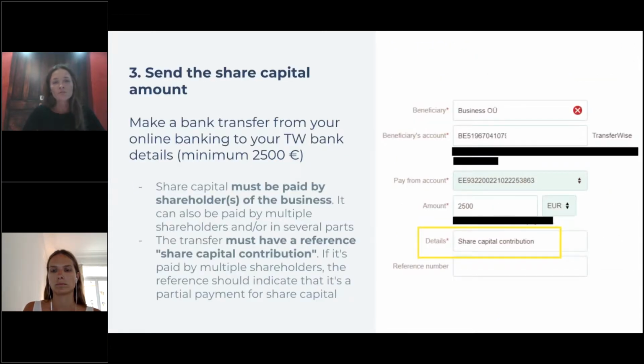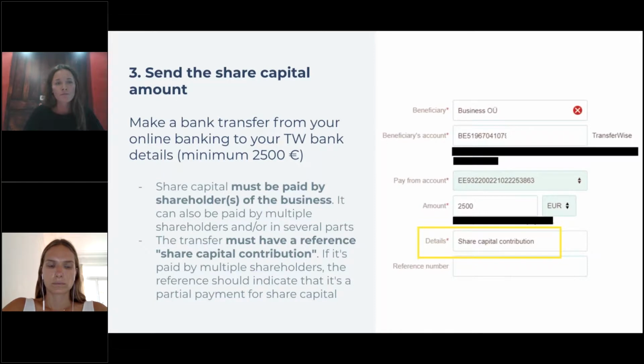And once your Transferwise Euro account details are activated, you just need to log into your online banking, wherever it is, and make a bank transfer from your online banking to the Transferwise Euro account that you have activated. As mentioned before, the minimum share capital amount is 2,500 euros.